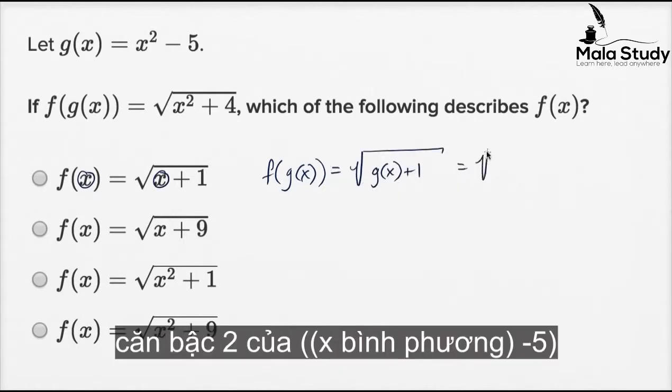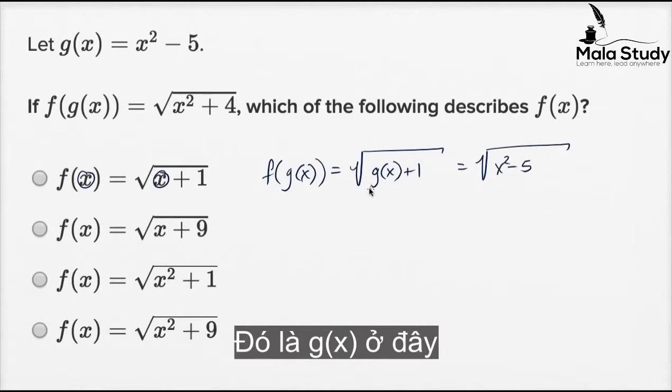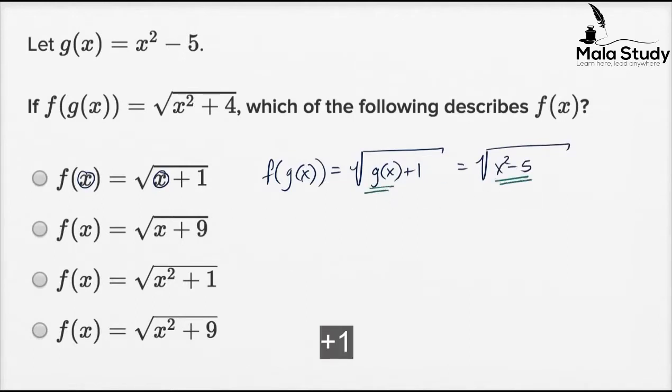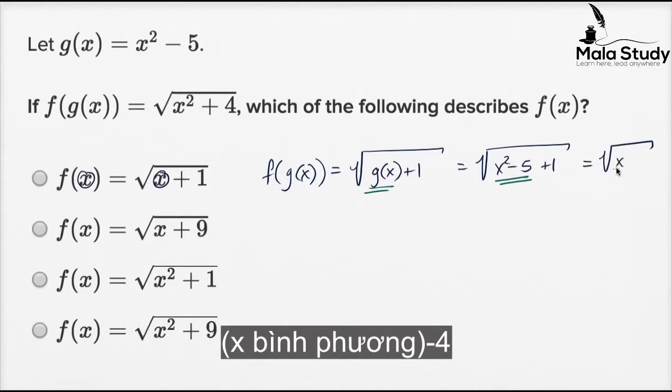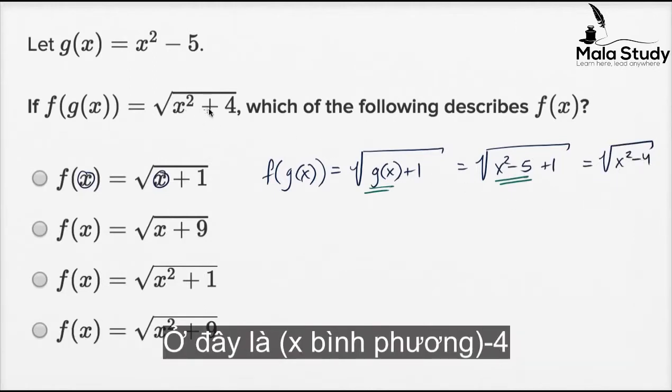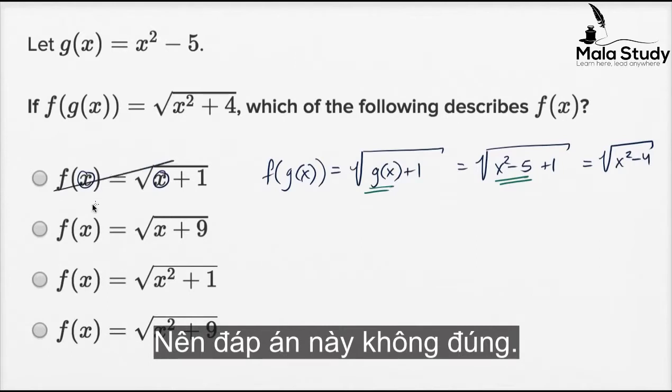So it would be the square root of x squared minus 5, that's g of x right over there, plus 1. And this would be the square root of x squared minus 4. Well, that's not what they have here. They have x squared plus 4, so this isn't going to be right.